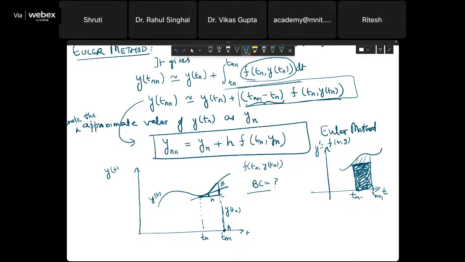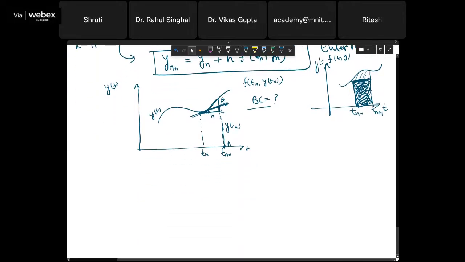Using the Pythagoras theorem, you can easily substitute it. So this is the approximation happening here. It is observed that this approximation is nothing but stepping forward along the tangent line to the curve y at the time Tn, as I have shown here. This is the stepping forward.